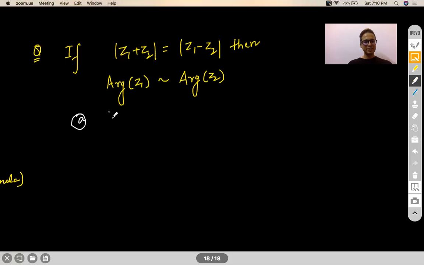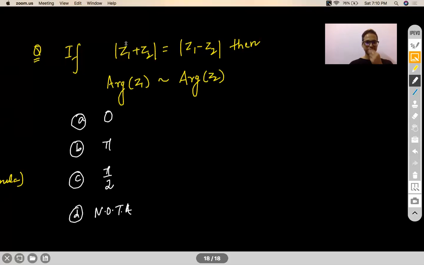Option A, will it be 0? Option B, will it be pi? Option C, will it be pi by 2? Option D, none of the above. Think carefully and answer.